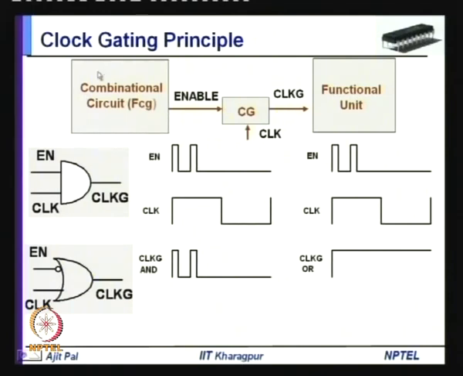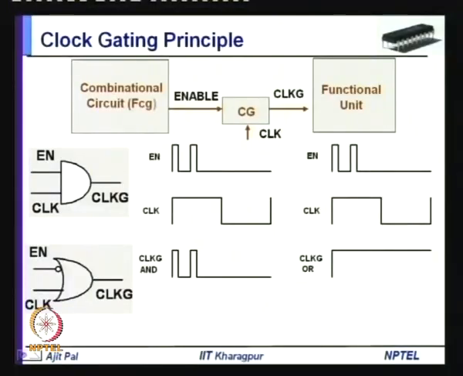This combinational circuit may be a multi-level combinational circuit, and because of the delay in the gates, it may generate some glitch. We have already discussed how glitches can be generated in a multi-level circuit because of the finite delay of the gates. So, whenever there is a glitch generated in the enable signal, it will reach the output of the clock gating circuit.